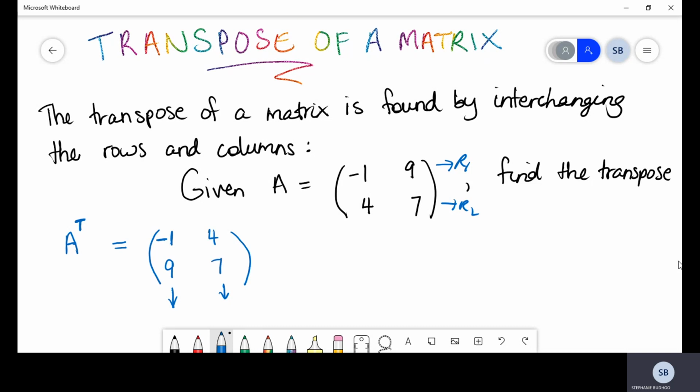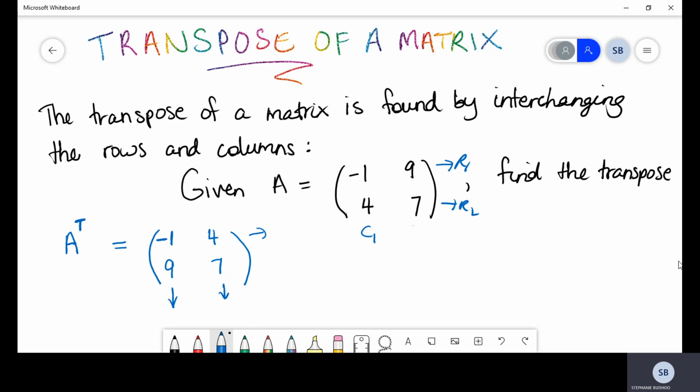I have a lot of students asking, Miss, do we transpose the rows, or do we transpose the columns? Whichever direction you take it from, you get the same answer. If I were to consider my first column, which is -1, 4, and write that horizontally, it becomes -1, 4 horizontally, which is in essence the same thing we have here.